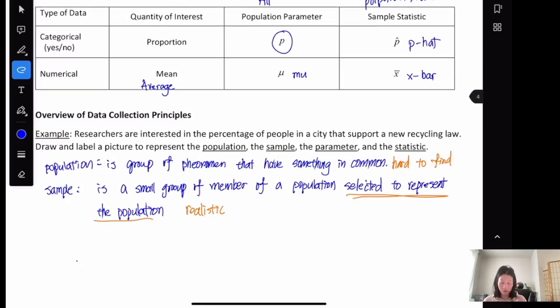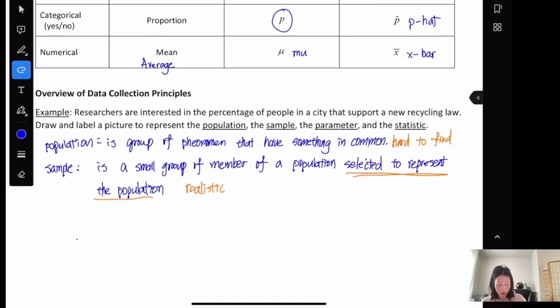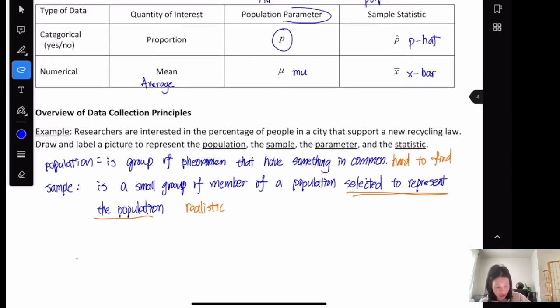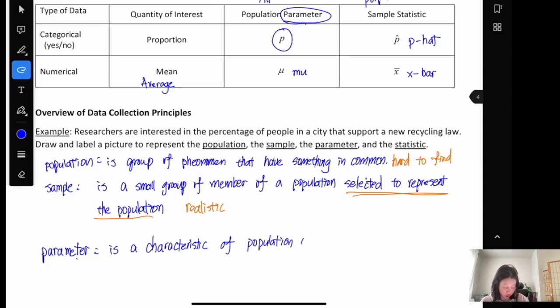For parameters, we have P and mu. A parameter here is a characteristic of a population. So we use proportion for categorical data and the mean for numerical data.